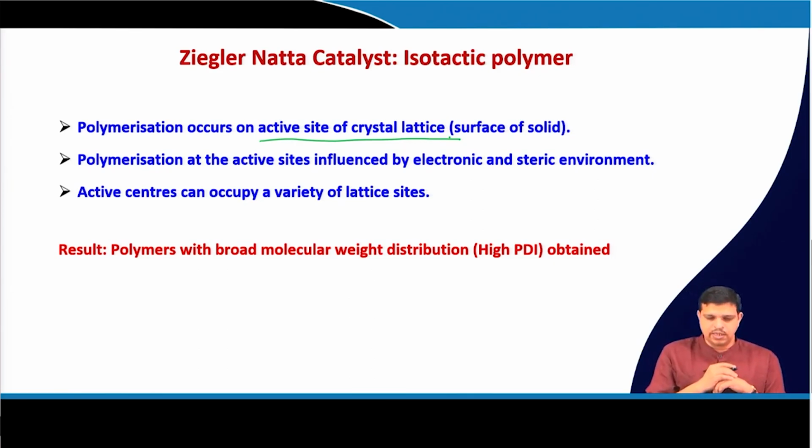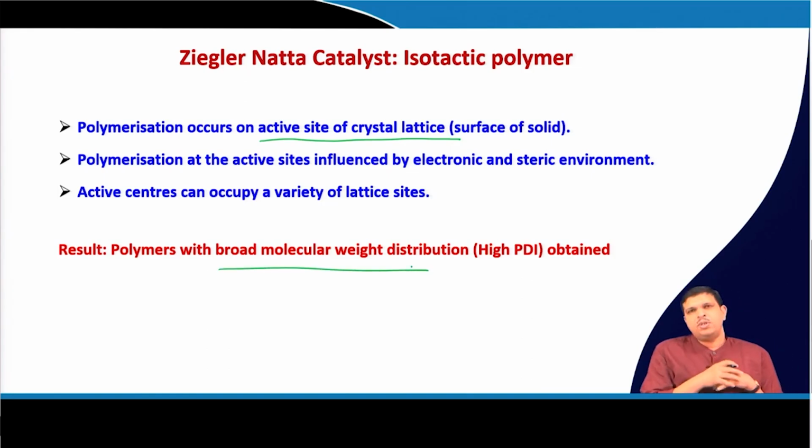And as it is a heterogeneous system, the active centers can occupy a variety of lattice sites, and as a result of these three points, most of the polymers obtained from Ziegler-Natta catalyst have a broad molecular weight distribution.